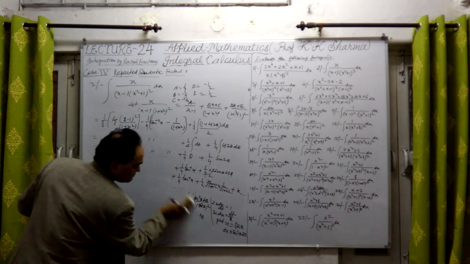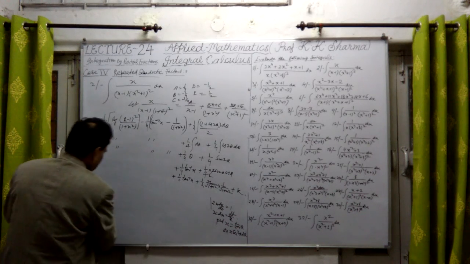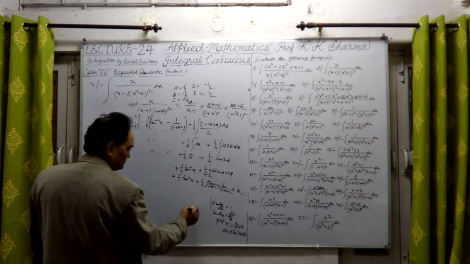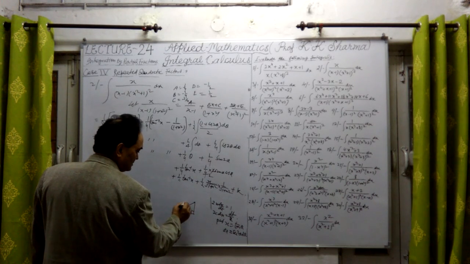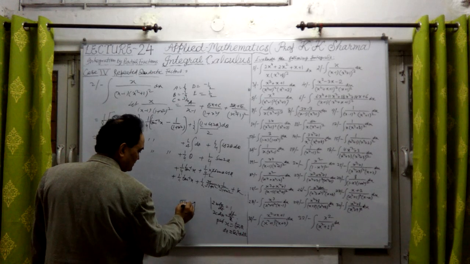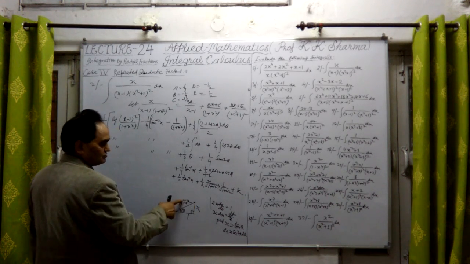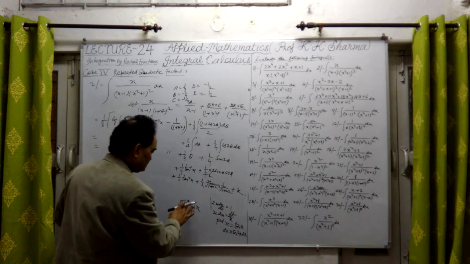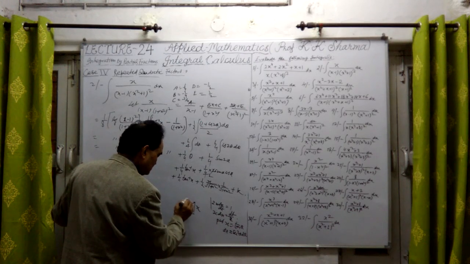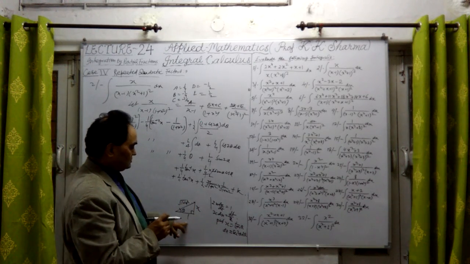Why this triangle? Because x equals tan theta, the same thing we did in the previous question. Theta here, this is a right angle, hypotenuse under root 1 plus x square. So the side here is x and the other is 1. Therefore the hypotenuse square will be 1 plus x square.